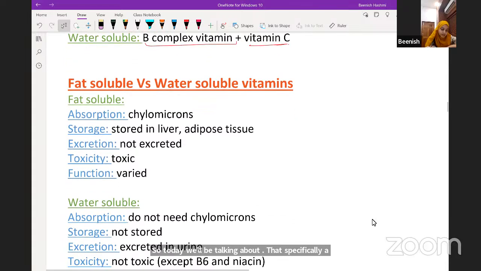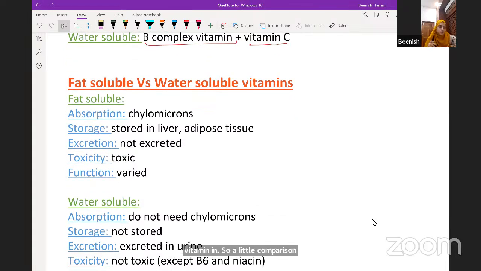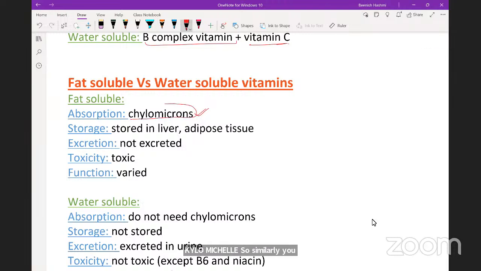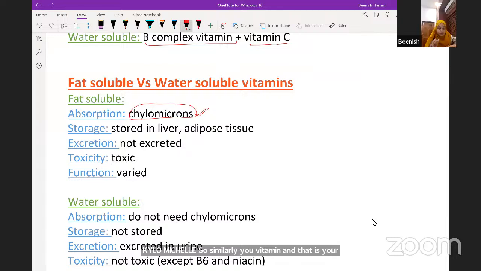A little comparison between fat soluble and water soluble vitamins. Absorption of fat soluble vitamins is through chylomicrons, obviously because they are fat soluble, and also you are taking them through diet, so they become exogenous. If you remember, when we studied chylomicron metabolism, I told you that your exogenous TAGs are carried in chylomicrons. Similarly, your fat soluble vitamins are also carried and absorbed via chylomicrons.